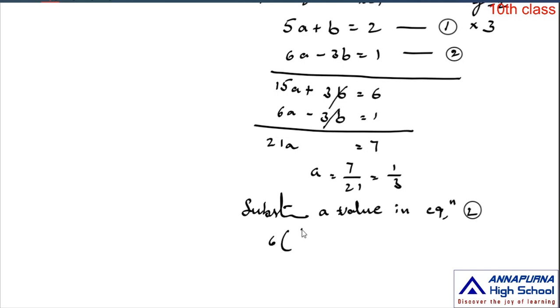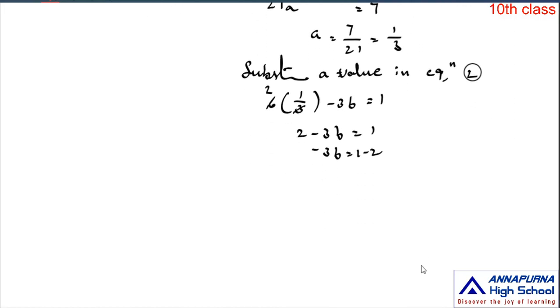So 6 into 1 by 3 is 2, so 2 minus 3b is equal to 1. Minus 3b is equal to 1 minus 2, so minus 3b is equal to minus 1, and b is equal to minus 1 by minus 3, which is 1 by 3. So a is equal to 1 by 3 and b is equal to 1 by 3.